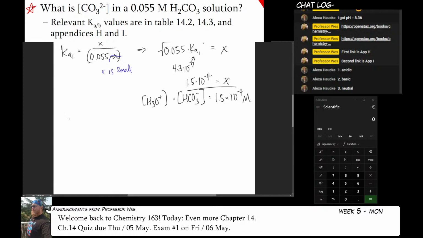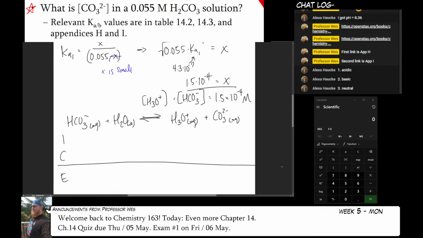So now we'll go to the second dissociation, which is this. And there's what we're trying to find. So we'll make another ICE table. And so how much bicarbonate do I start with?